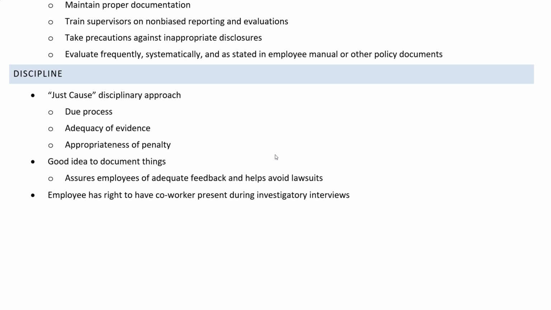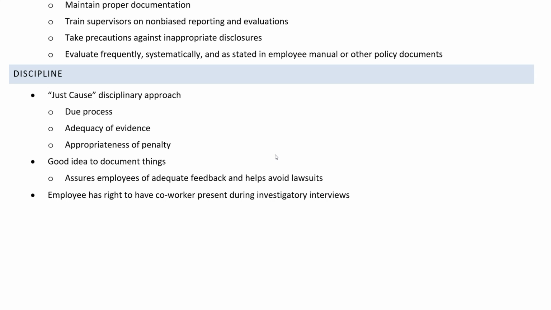This is where we establish a system of due process, meaning there will be an investigation. The investigation is going to be fair. You'll have a chance to hear the evidence against you and a chance to respond to it. We'll consider the appropriateness of the penalty and match that to the severity of whatever policy breach there was, trying to create that fair, just cause disciplinary approach.